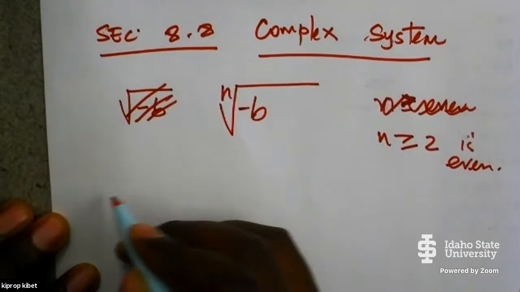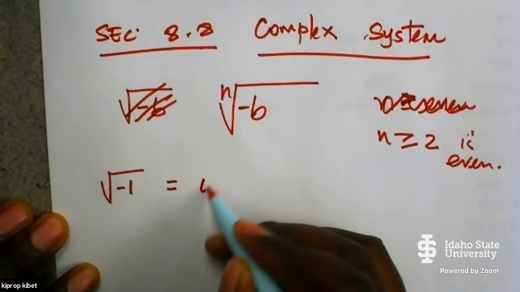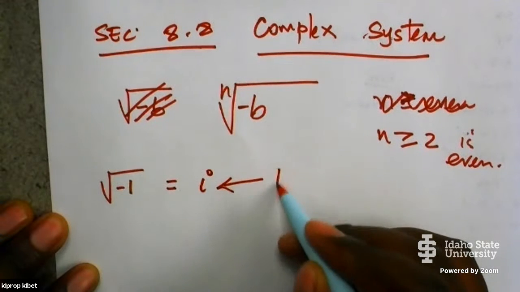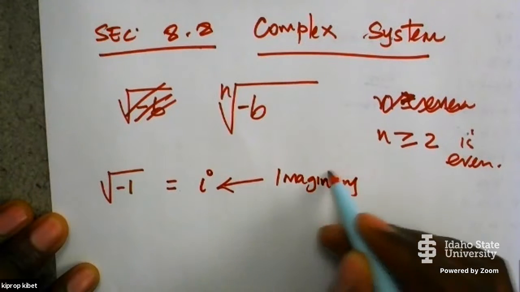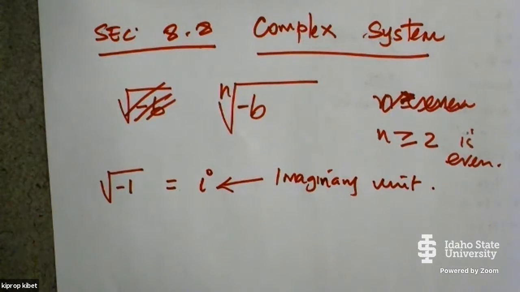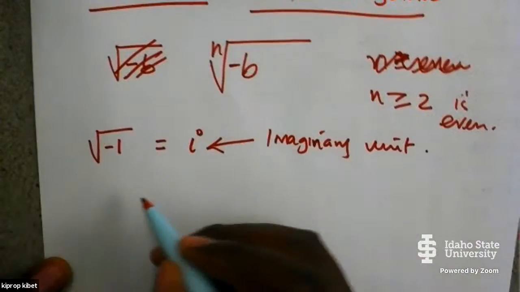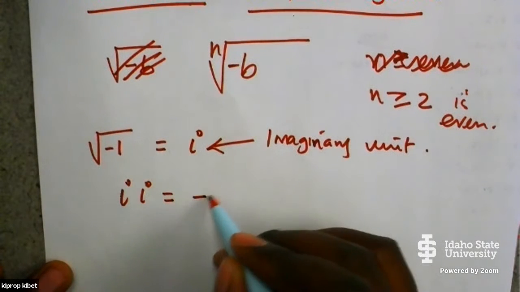So we know that the square root of -1 is equal to i, and this i is the imaginary unit. So the square of i is equal to -1.